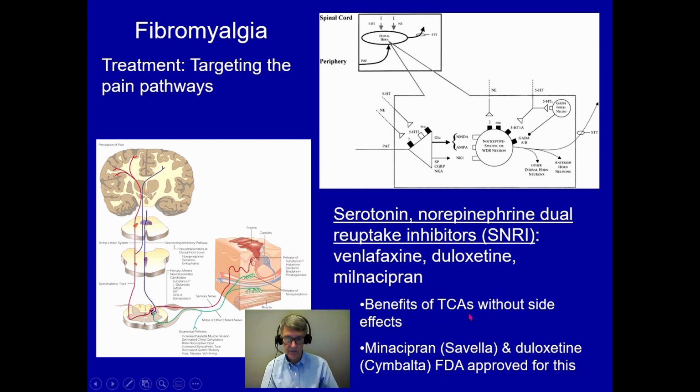And I say without quite the side effects, they do still have side effects. And at least two of these medicines are actually approved by the FDA for the treatment of fibromyalgia. Milnacipran or Savella and duloxetine or Cymbalta have been approved for treatment in fibromyalgia.